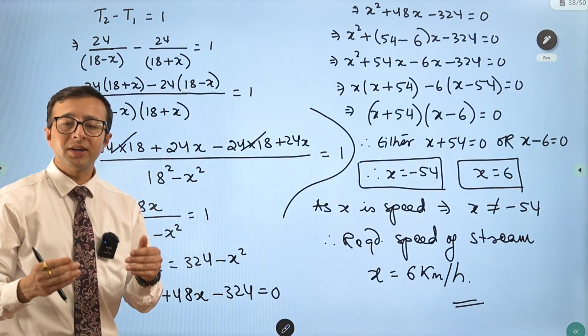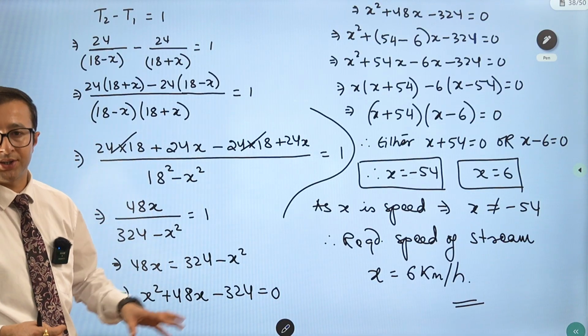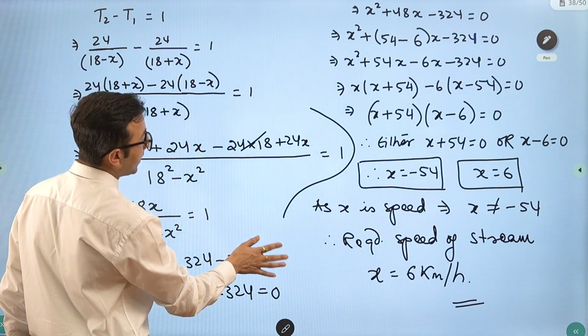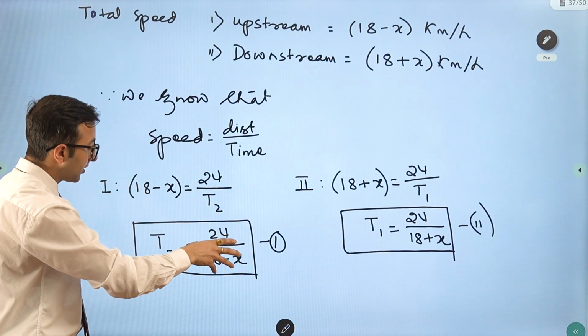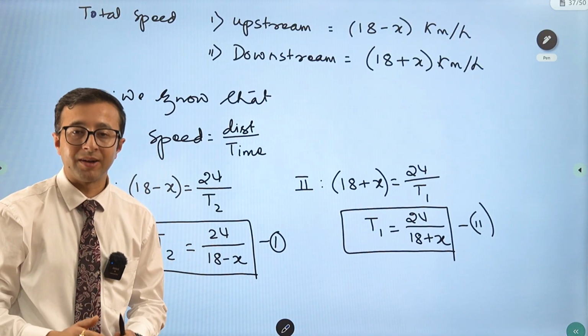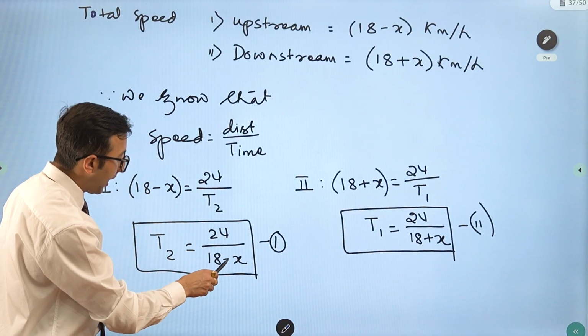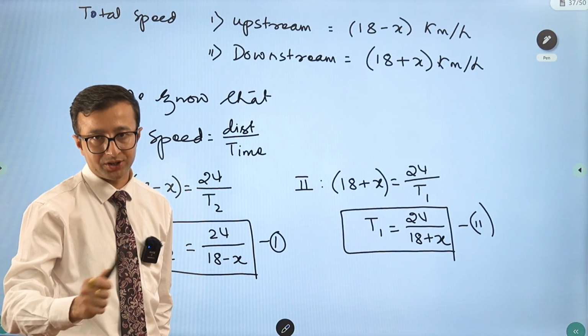There are various methods to solve such type of problems, out of which this is one of the easiest ways to solve the problem. Every time what I suggest to you is that you convert the given information in terms of time, then find the relation of time. Clear? Here what I did, I found the upstream speed and downstream speed.